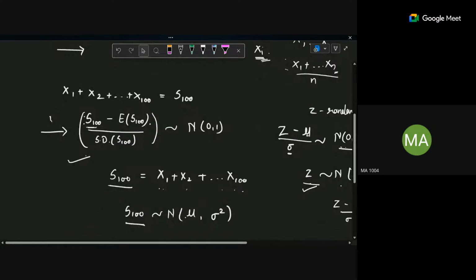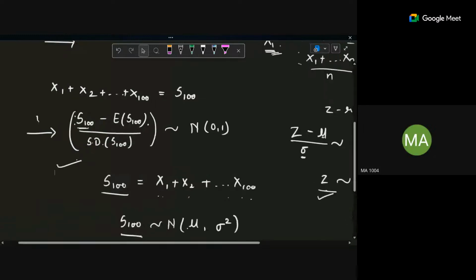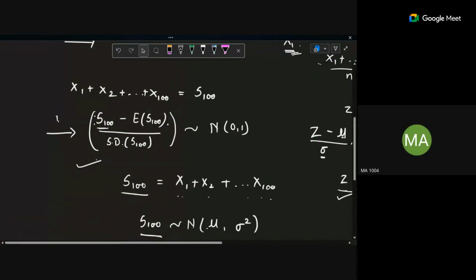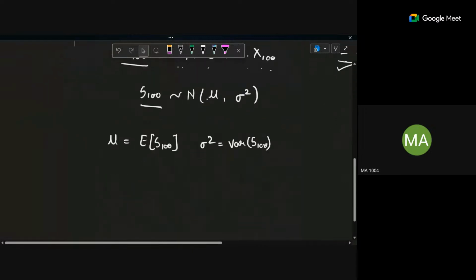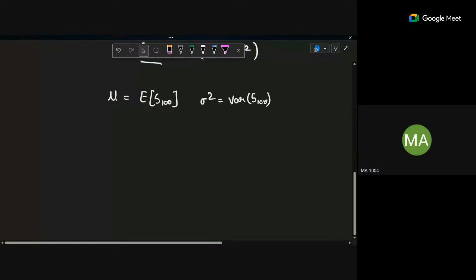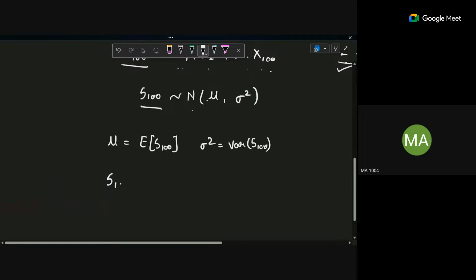Otherwise, in real life, this 100 is very small to confirm whether it approaches normal without knowing much about the distribution of X. So we assume that S100 follows a normal distribution with mean mu and variance sigma square.